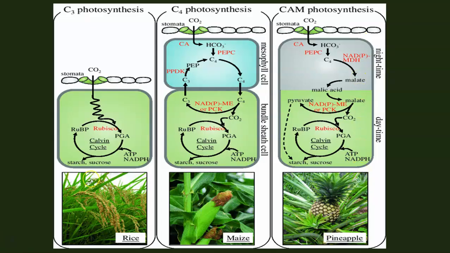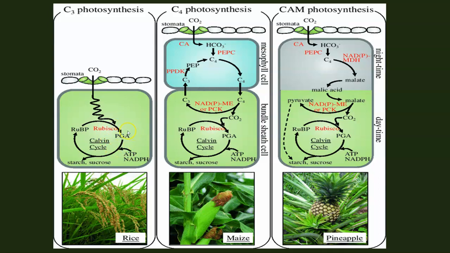Students, have a look at this image here. For your quick and easy reference, I've put up a comparison between the 3 pathways of photosynthesis. The C3 process of photosynthesis, which is your Calvin cycle. What basically happens is, through the stomata, you have the CO2 entering into the cell of your chloroplasts, where in the grana you have the rubisco, which takes it up and converts it into phosphoglyceric acid, which is a 3-carbon compound.